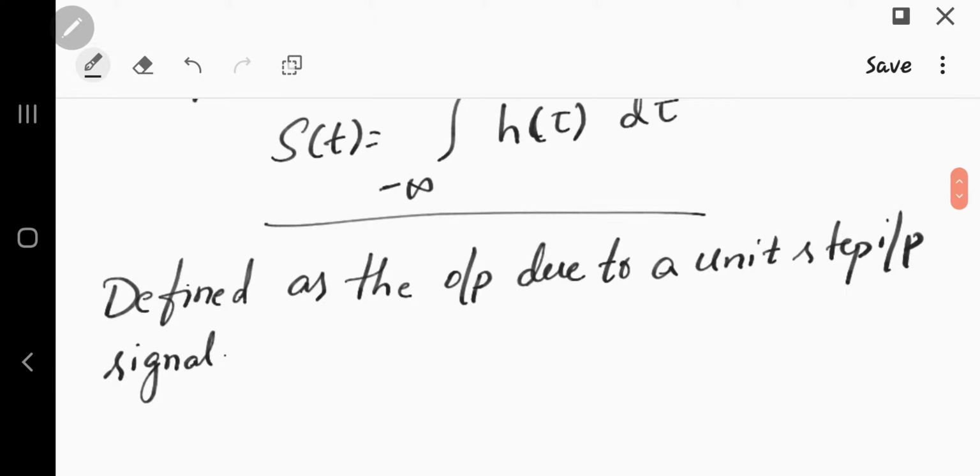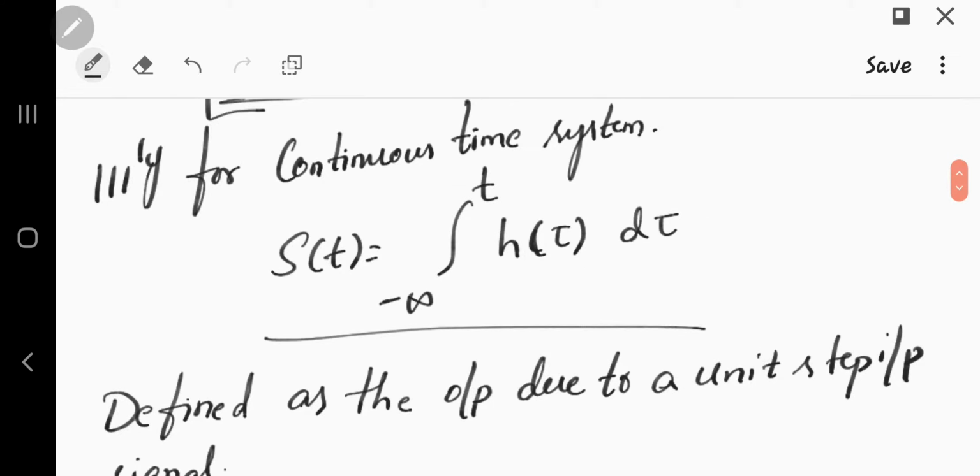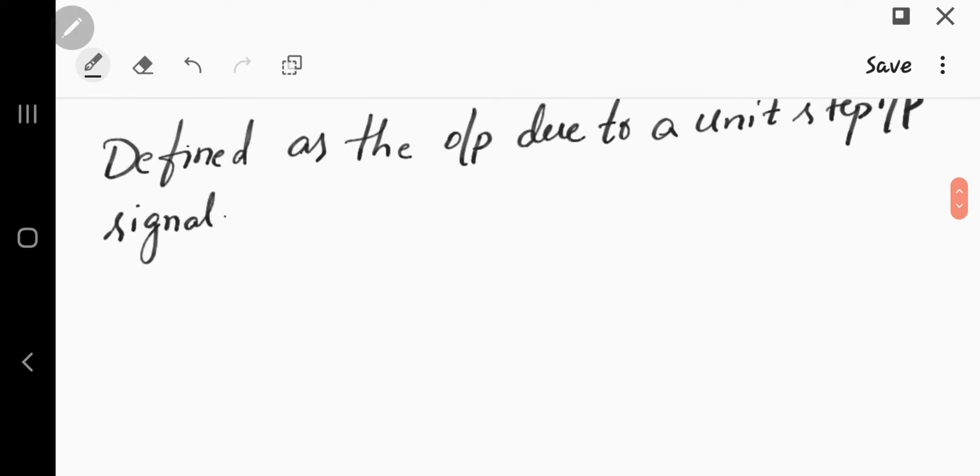This is the definition, and we have expressed this step response in both discrete time and continuous time. Okay. Now, let's take some examples on step response.